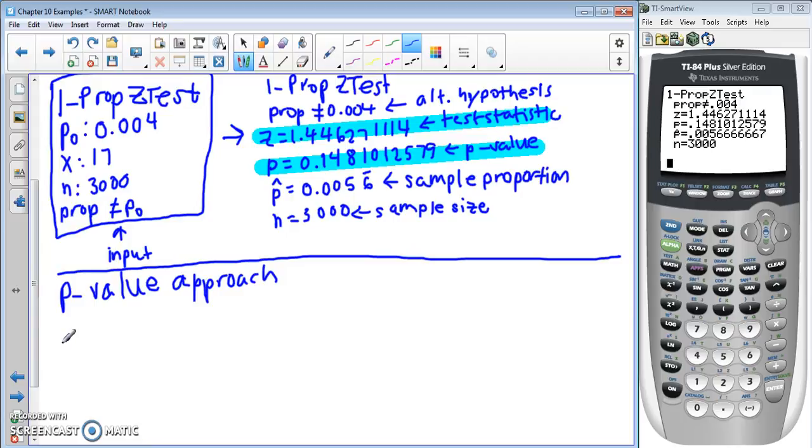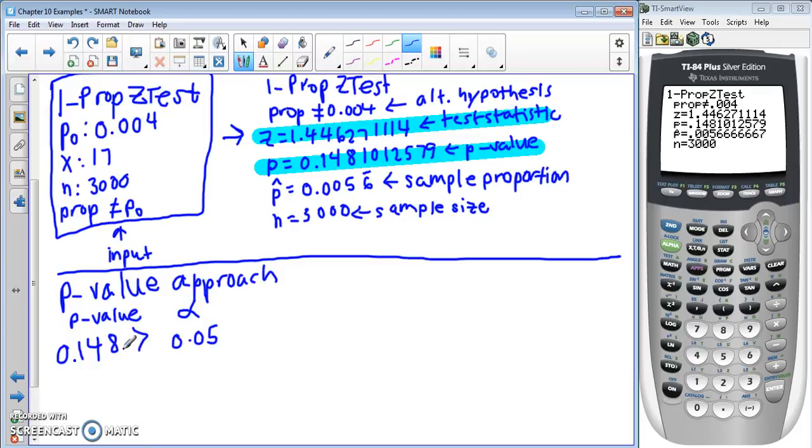Our p-value is approximately 0.148, and alpha was 0.05. So we compare those. Is the p-value greater than or less than alpha? Well, the p-value is greater than alpha.